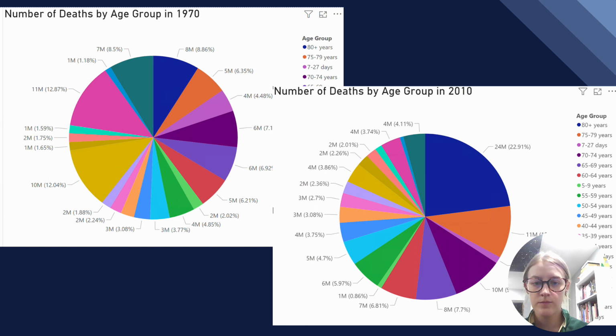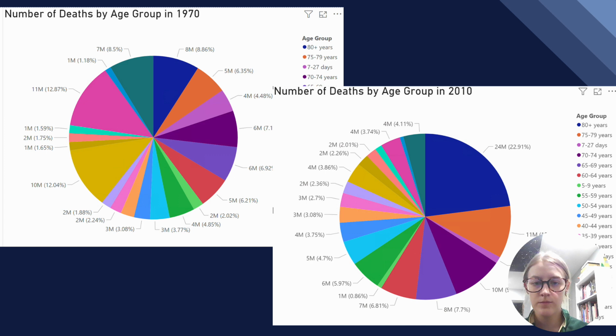On the other hand, in our 2010 data pie chart, you can see the largest slice is going to be that 24 million 80 plus years age group, and then we have the second largest slice being 11 million for the 75 to 79 year age group.